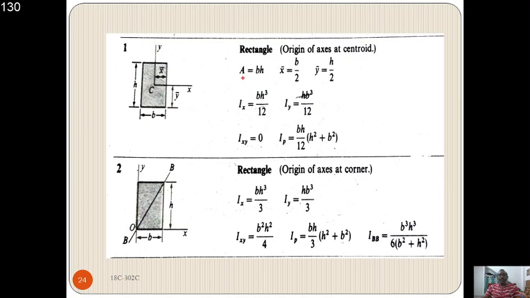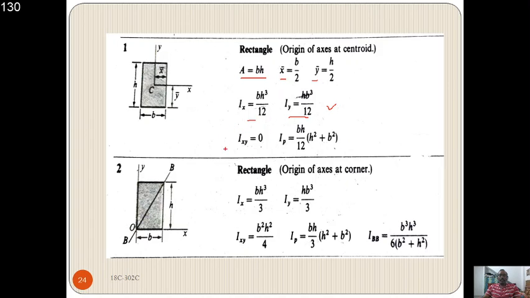Here in this table they give the area of each shape and its x bar and y bar values, and the axis reference is given so you can understand from this point what the y bar and x bar values will be. Then the Ix, Iy values about the centroid, bh cubed by 12, we already know this one.